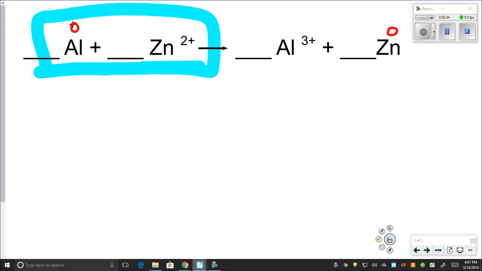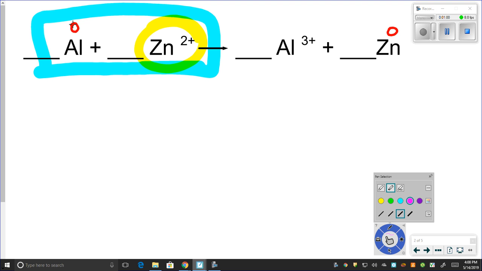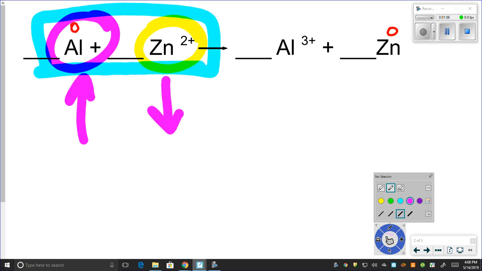And we're going to see, is our free state element higher on Table J than our ionic substance? So we want to make sure that our item that is free state is higher. Free state needs to be higher, and our ionic substance needs to be lower.